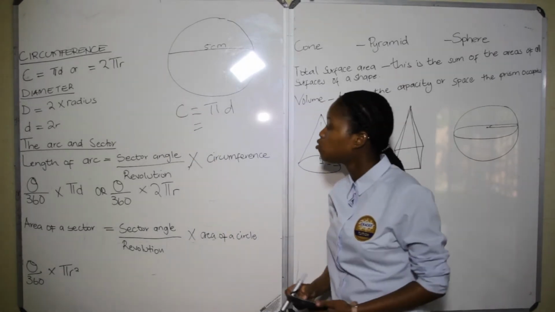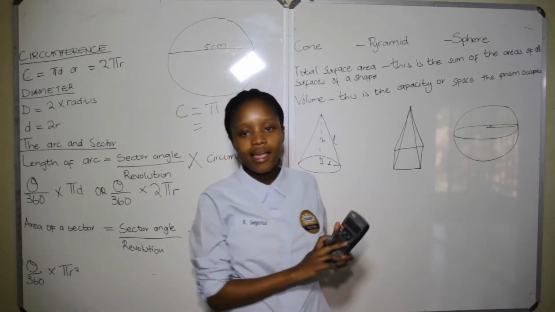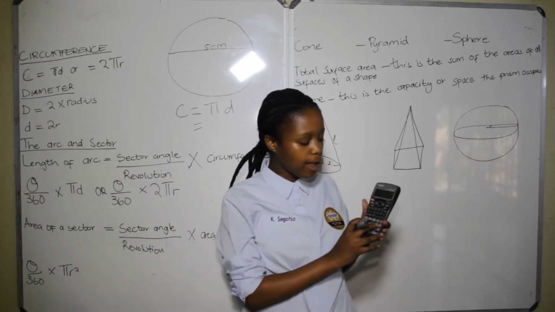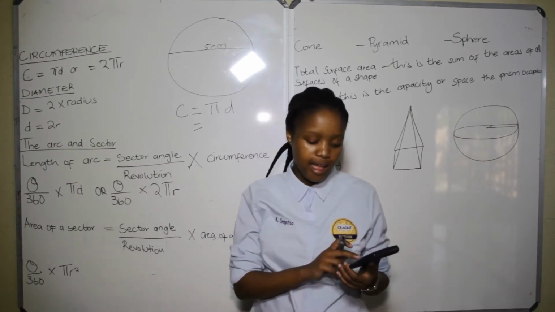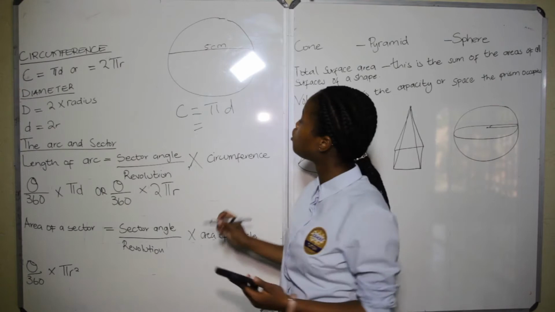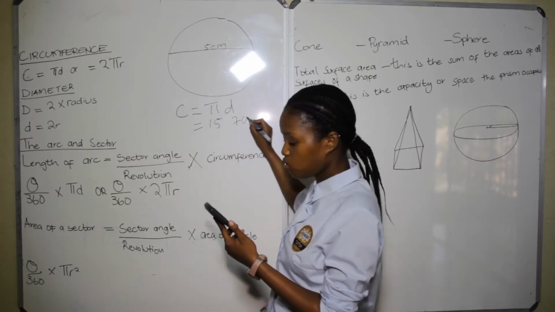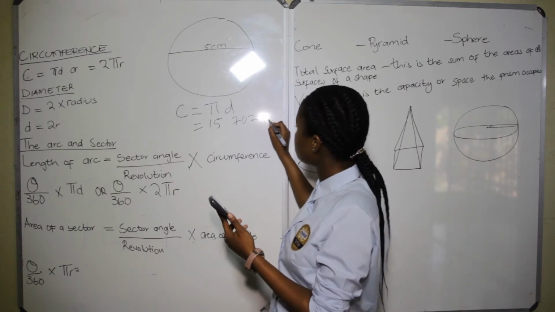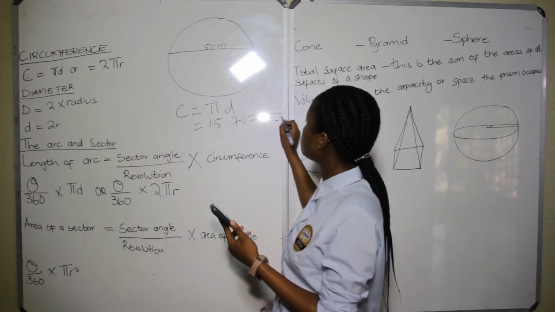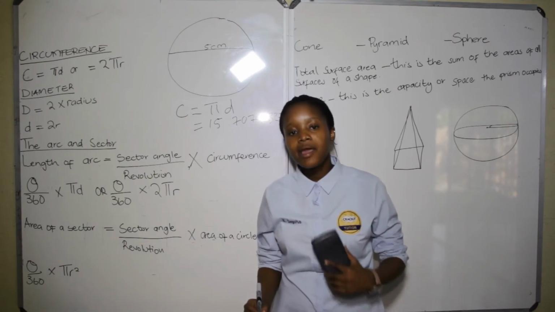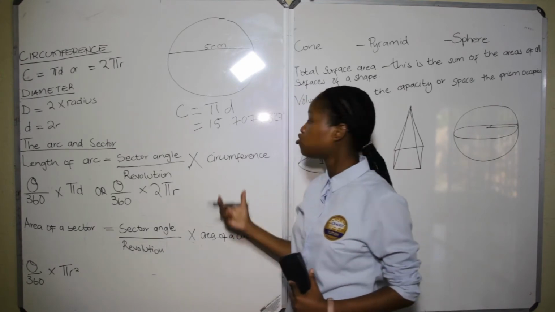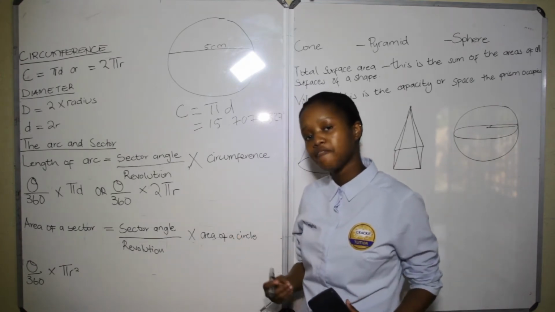So you're going to press your pi in the calculator, the multiplication sign, and 5. And it's going to give you 15.707963227.